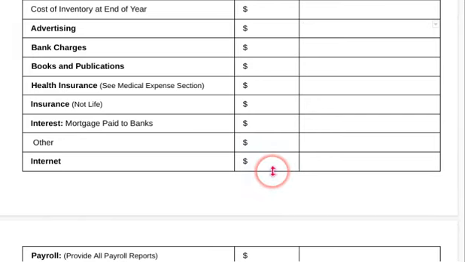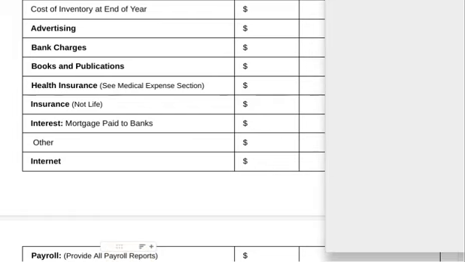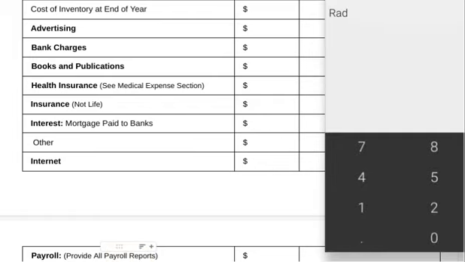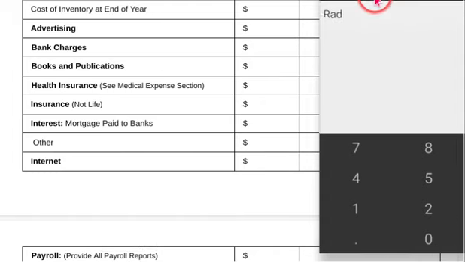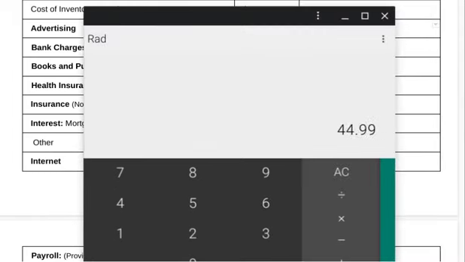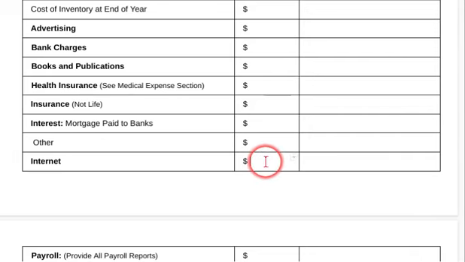What I generally do is, if I know that my business internet bill is $44.99, I just grab a calculator and go $44.99 times 12 months, and that gives me about $540 that I spent total on internet service. I will put that $539 here, and then I will put here $44.99 for 12 months.